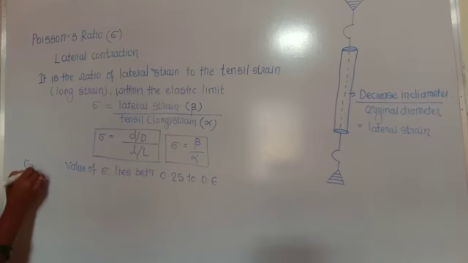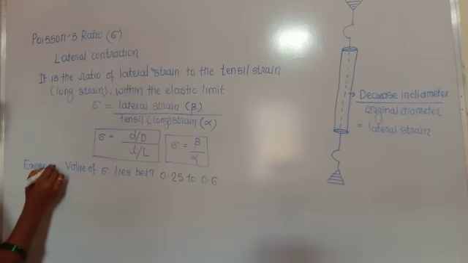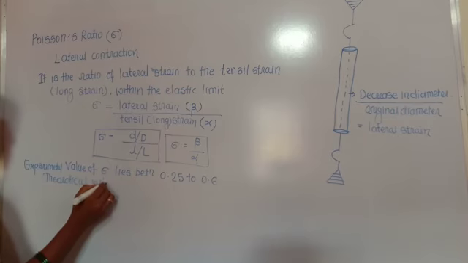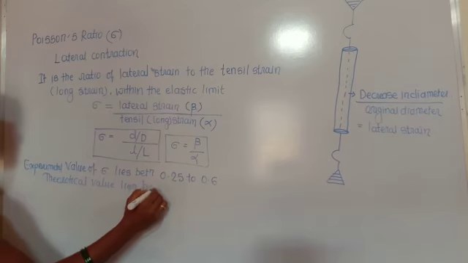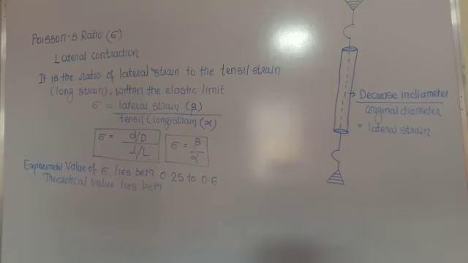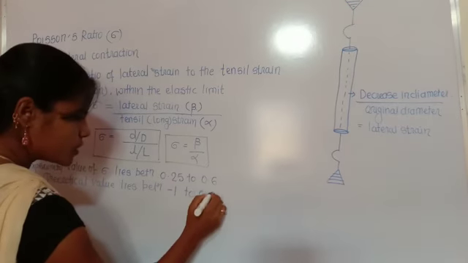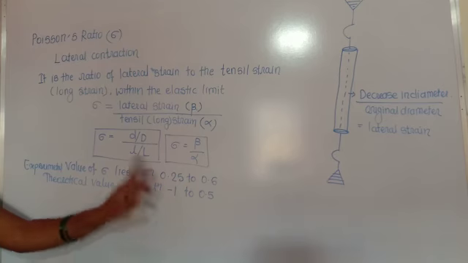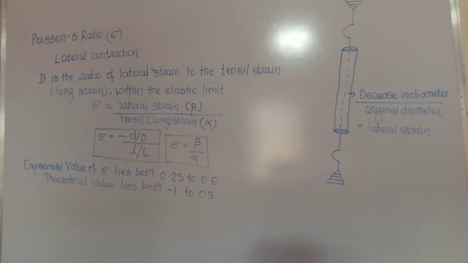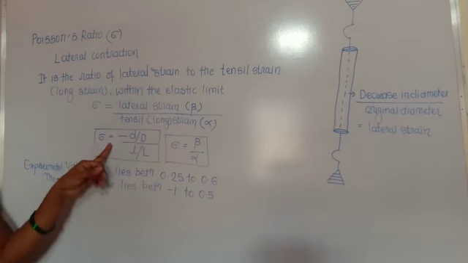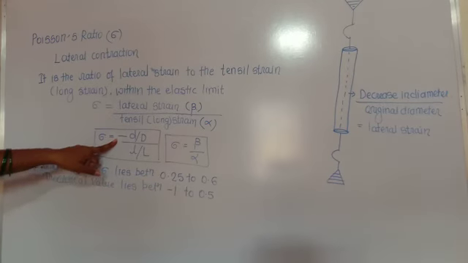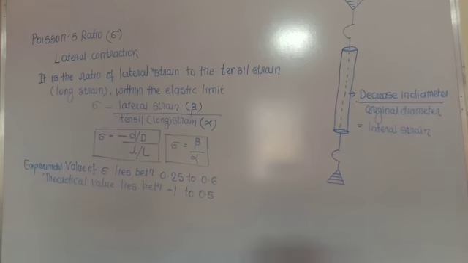The theoretical value lies between -1 and 0.5 for many substances. Here there is a negative sign: sigma is equal to minus small d by capital D divided by small l by capital L. Because there is a decrease in diameter, we write minus d. The negative sign shows that the diameter decreases when the length increases.